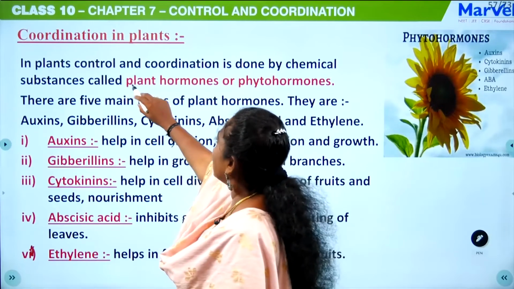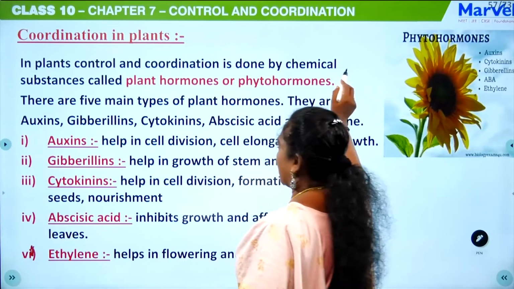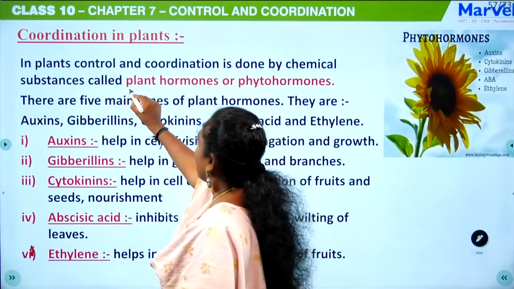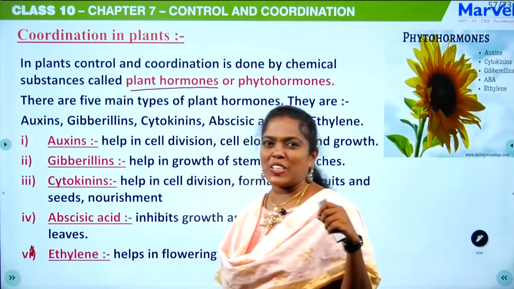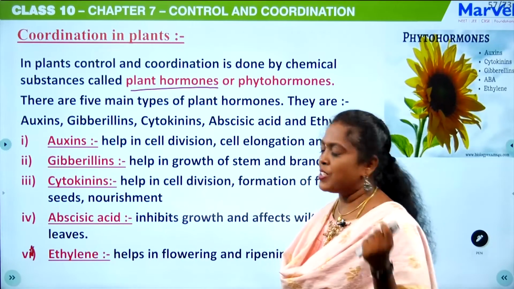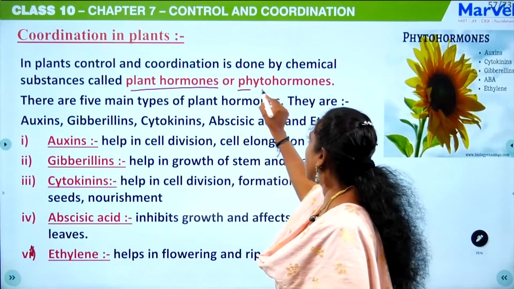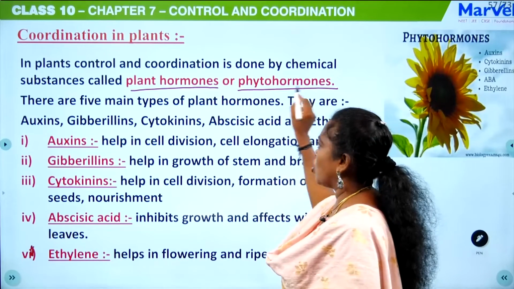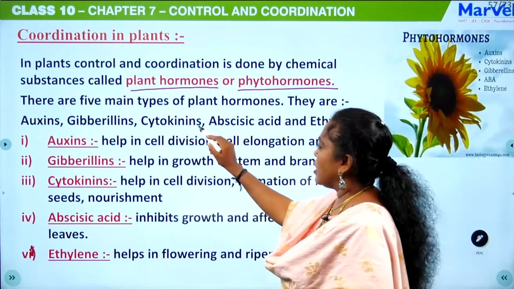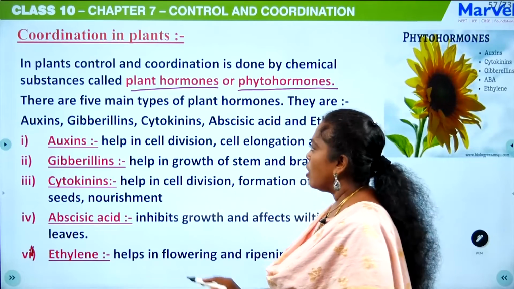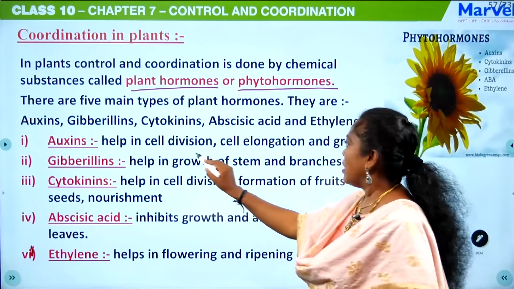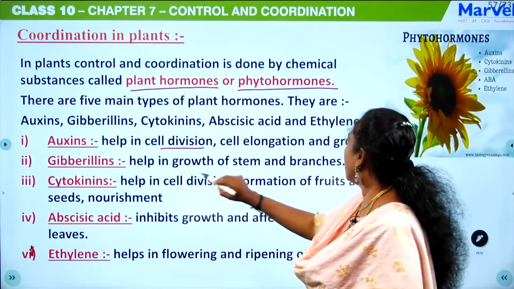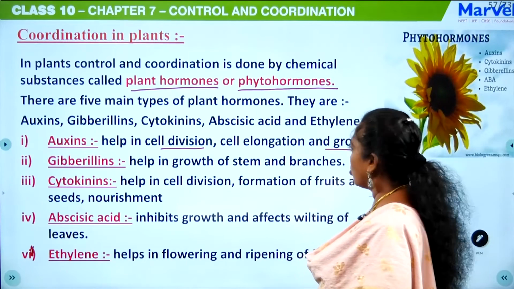So in plants, the control and coordination is done by chemical substances called plant hormones. We have seen many hormones in human beings in the last session, and now here we are going to see the plant hormones or phytohormones. These are the main types. 1. Auxin. Its function is that it helps in cell division and also in growth.